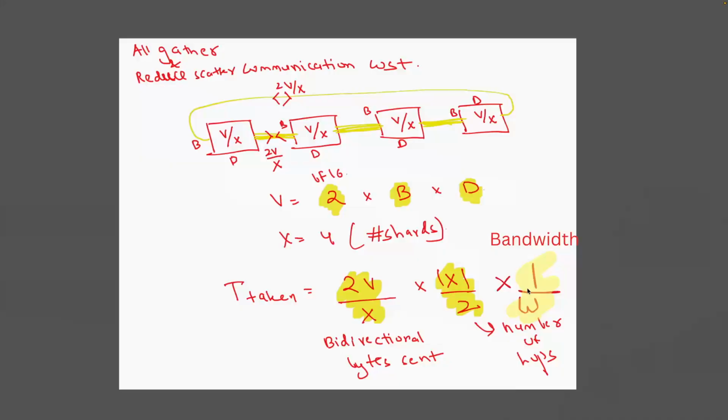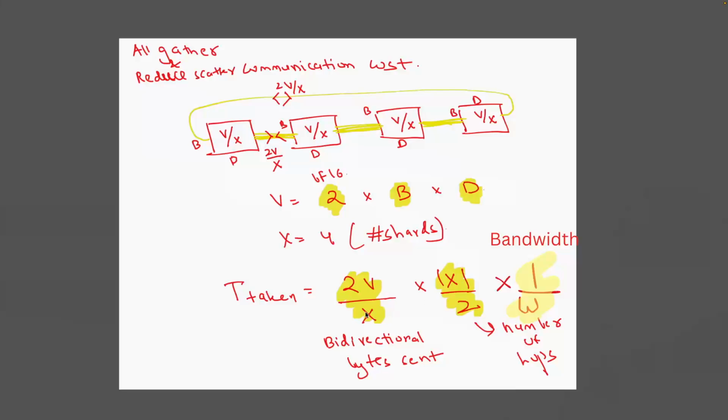And so now you can see that the x and x here will cancel. It's a very strange result that in all gather, and also in reduce scatter, which has a similar communication pattern, the number of shards doesn't matter.